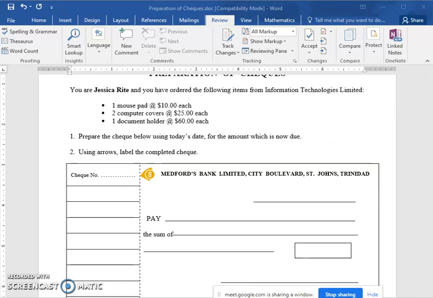Right, so you should have gotten one mousepad at $10, two computer covers at $25, that's $50, and one document holder at $60. You should have gotten $120. So check your notes, see if you would have gotten that.